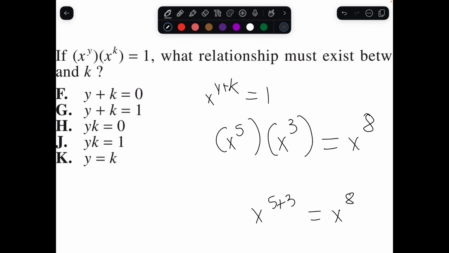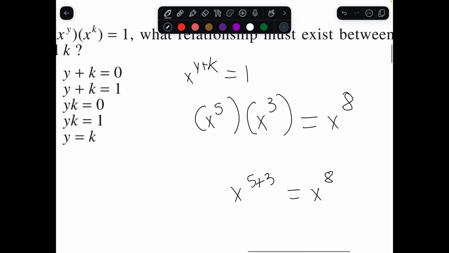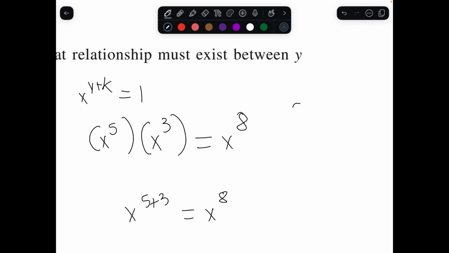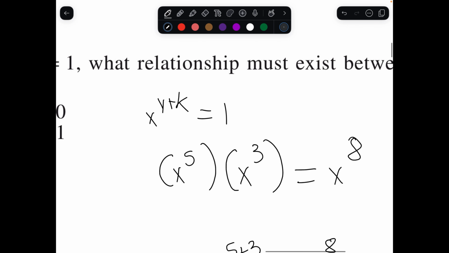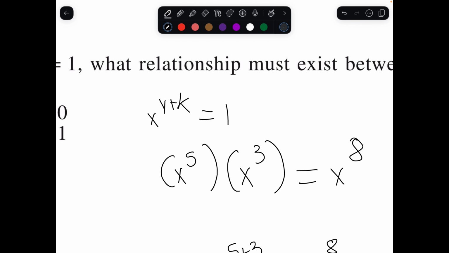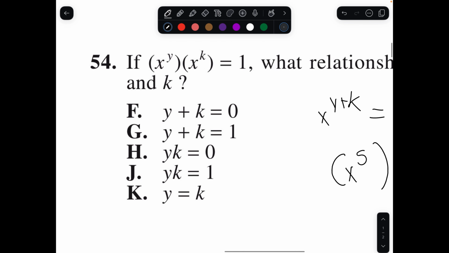And the key thing to remember is whenever you're raising anything to the zeroth power, so 5 raised to the power of 0 or 6 raised to the power of 0, y raised to the power of 0, you're always going to get 1, right? In this case, we want x raised to the power of y plus k to equal 1. This means y plus k has to equal 0, because then x raised to the power of 0 is going to equal 1. So 54 is F.